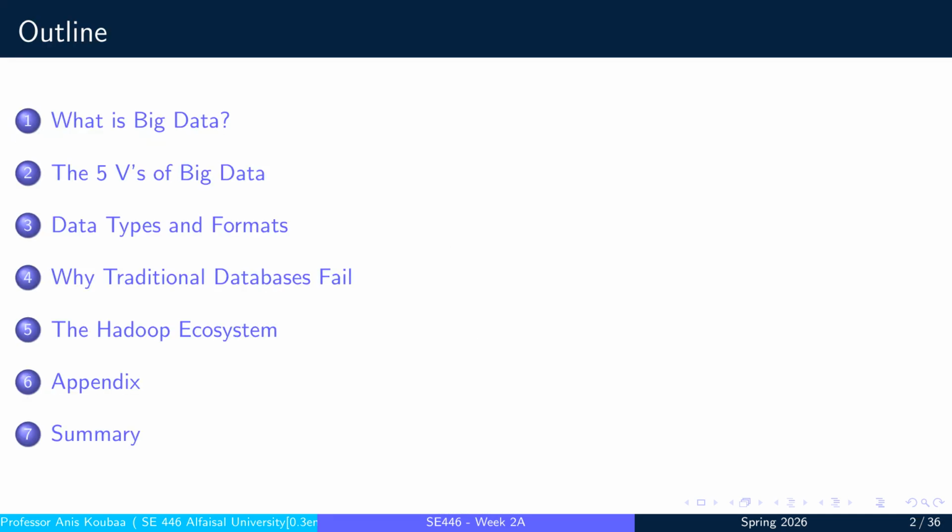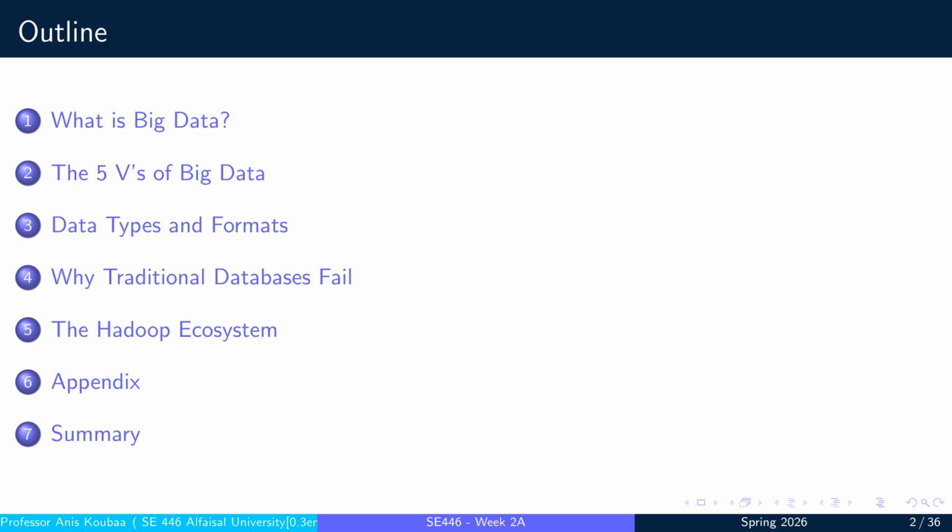Before we dive into the technical details, let me give you a roadmap of what we will cover in today's lecture. We will begin by asking a fundamental question. What exactly is big data, and why has it become so critical in modern computing? To answer this, we need to understand the characteristics that define big data, commonly known as the 3 V's: volume, velocity, and variety.